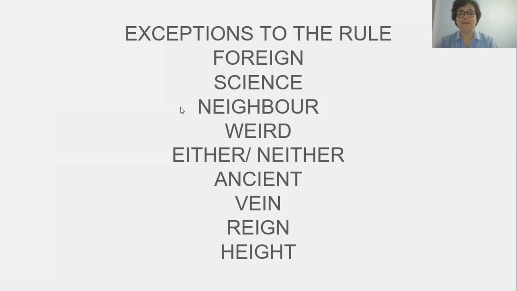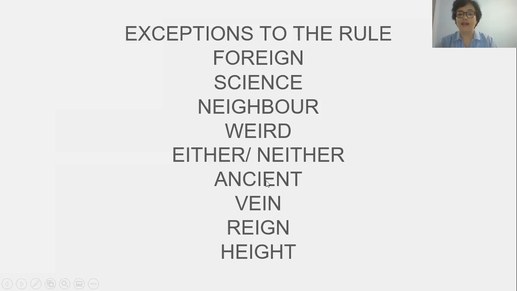Look at neighbor. It's N-E-I. It was not supposed to be E-I. According to the rule, it had to be I-E because there's an N there. But it's E-I. Weird. Weigh, W-E-I. It was supposed to be I-E, but it's E-I. Either, neither, these two. See, E-I, E-I. They don't follow the rule either.